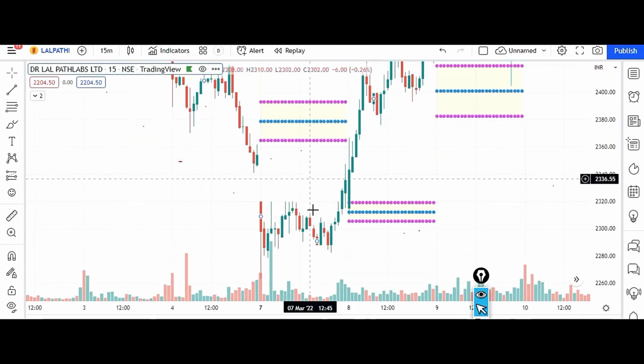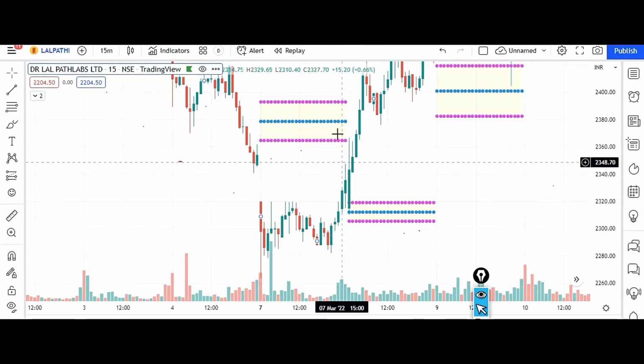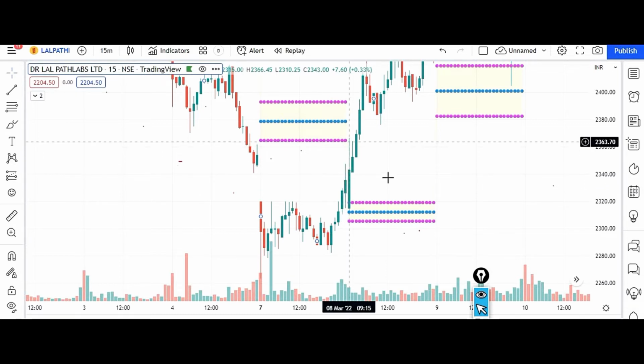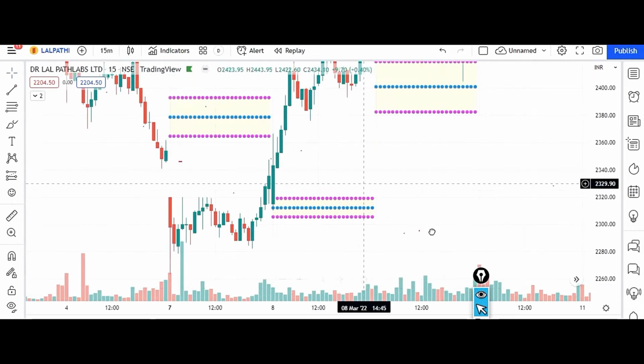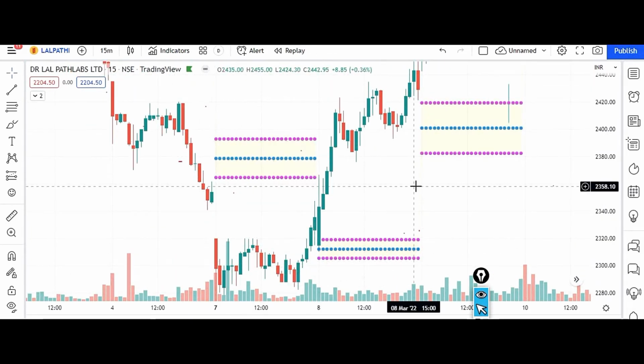This is wide CPR. You see the price opened here, it reversed. Okay, it went sideways and it tries to reach this level. Okay, up to 315 it tried. 330 it tried. Almost it came to this level. It went sideways.